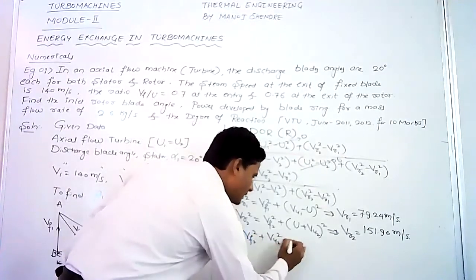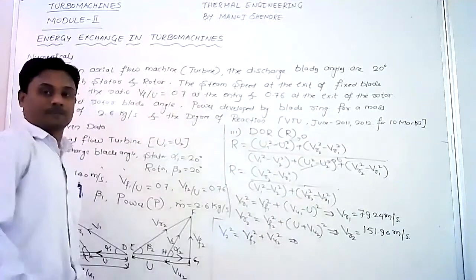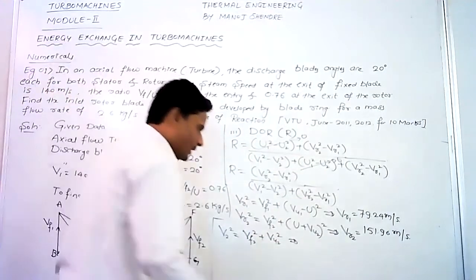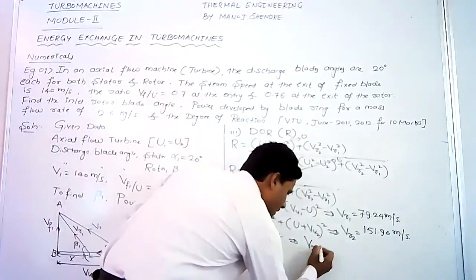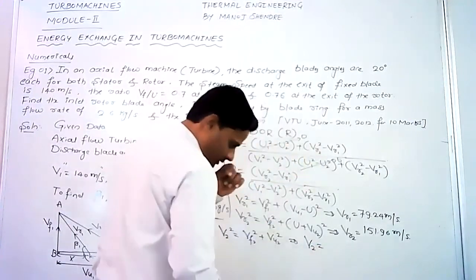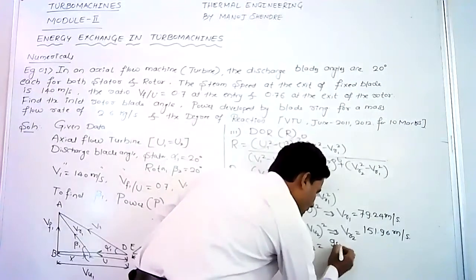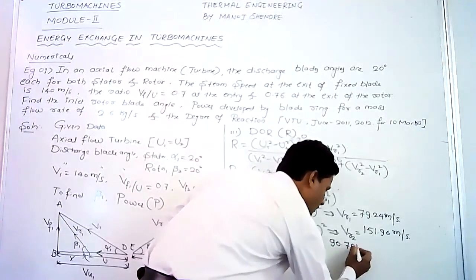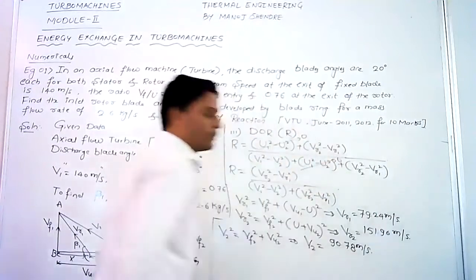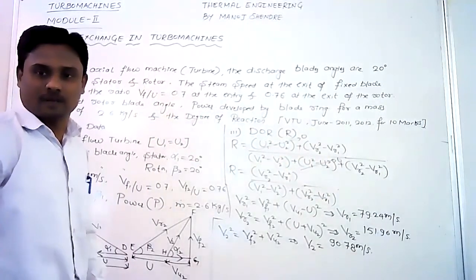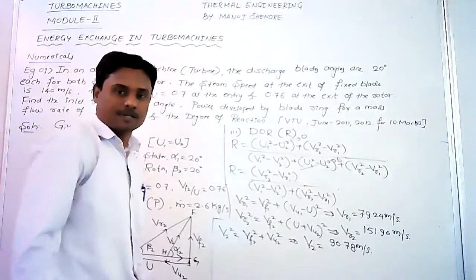Substitute both the values. The expected answer for V2 is 90.78 meter per second.